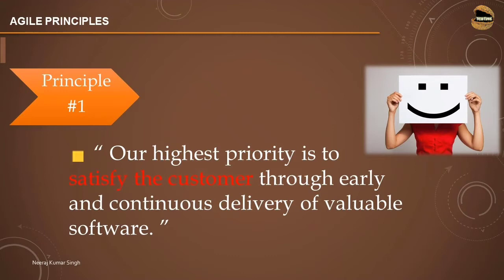But if you are not delivering it, and if your customer is unaware of what exactly you have been doing for a long time, that may put your customer off. So satisfying the customer is the highest priority when working with the Agile methodology, and that can be achieved by early and continuous delivery of the software.